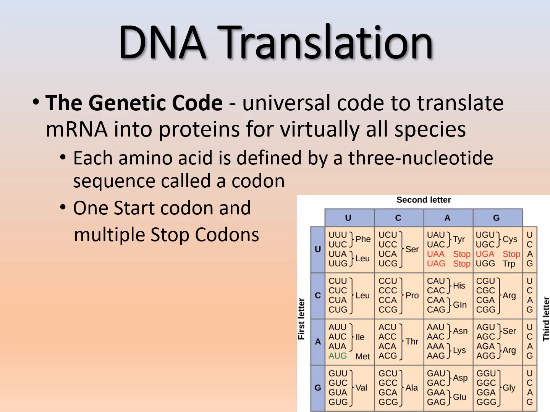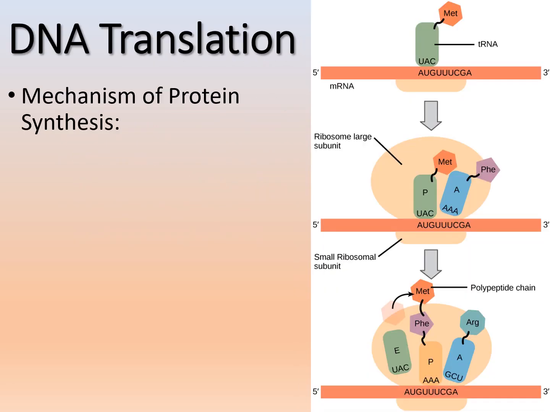Okay, so they're in red on this table to show you that this sequence means to stop. Okay, so we have one start and a couple of stops. And then all of these different sequences code for all of these different 20, right? We have 20 amino acids, so every amino acid has a specific codon or multiple codons.